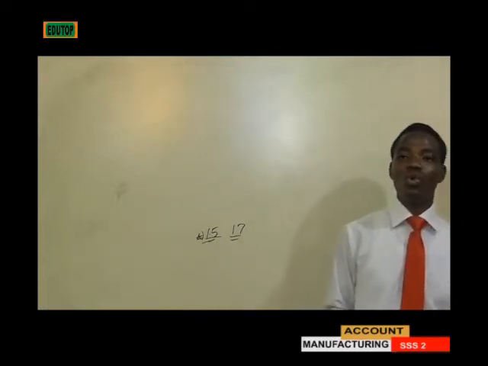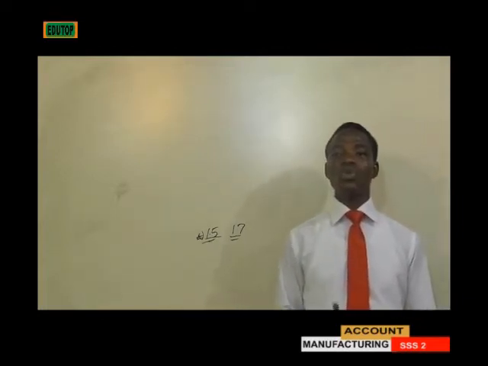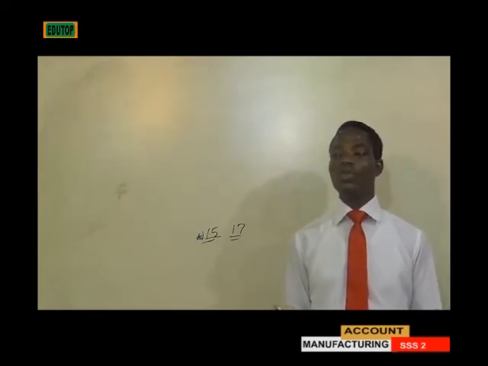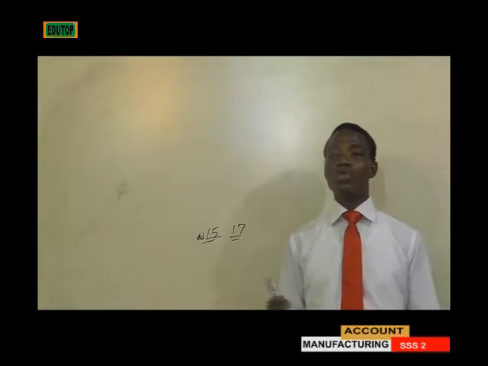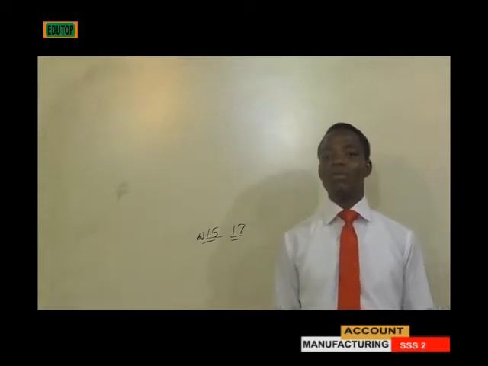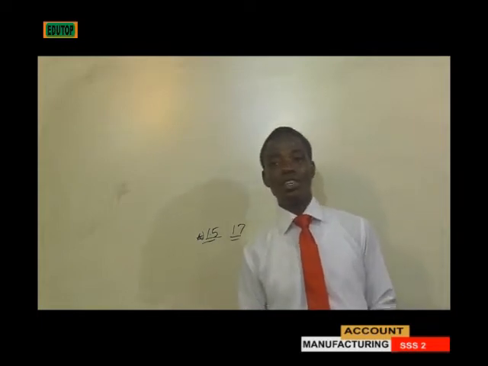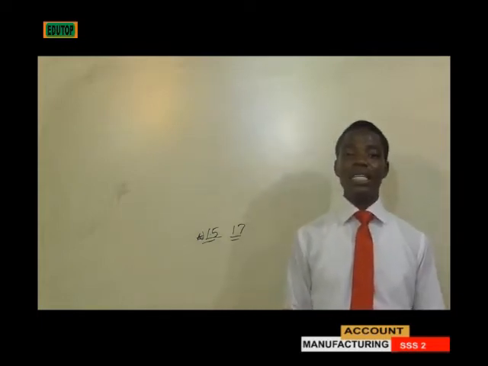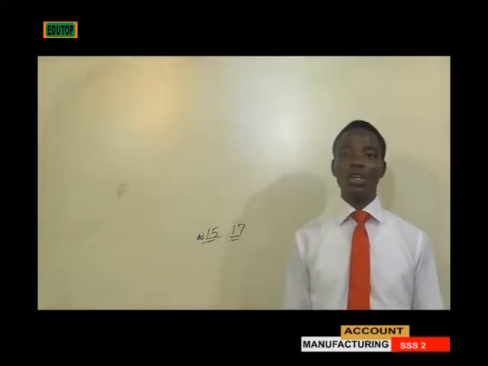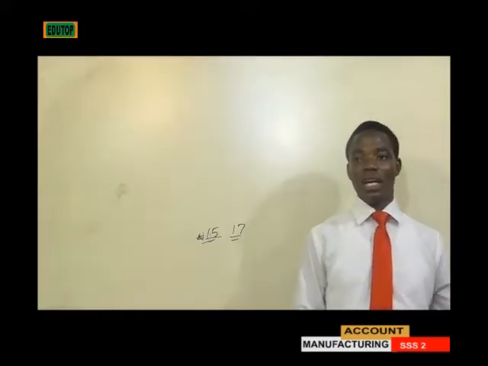It will appear in the income statement, and it will also appear in the balance sheet. So we do justice to the question. The first thing we do is the workings, and we balance them into the various accounts where they belong. So let's begin to work that question now.